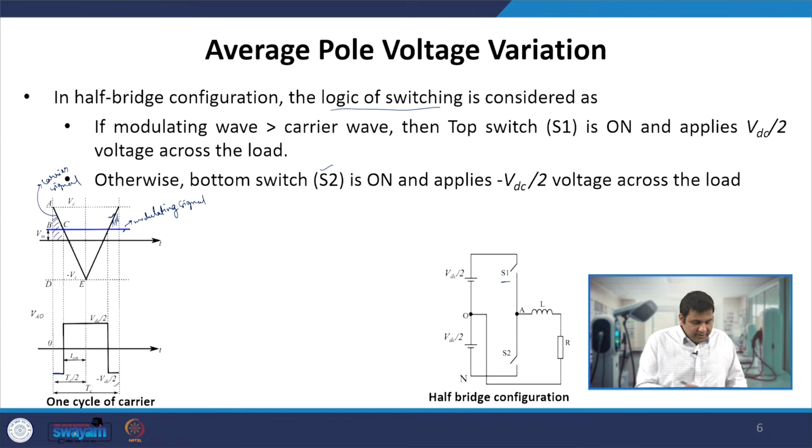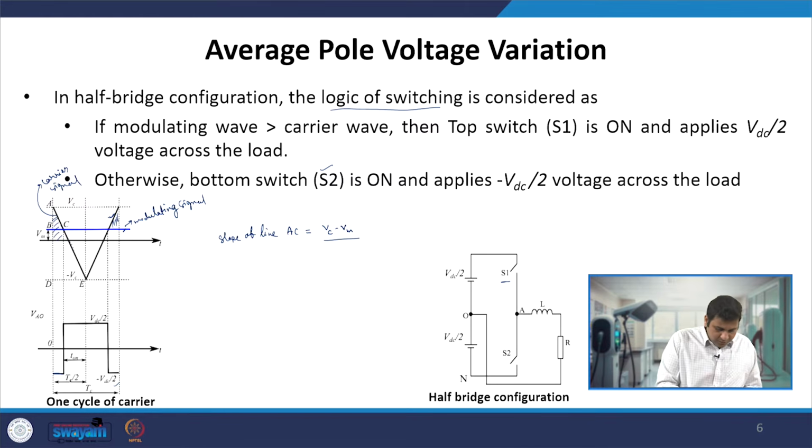Now if we see very carefully, let us write the slope of line AC, the line going from A to C. This is at Vm and this is at Vc, so the slope is Vc minus Vm divided by, if we look carefully, this is Tc by 2 and this period is Tc by 2 minus T on.